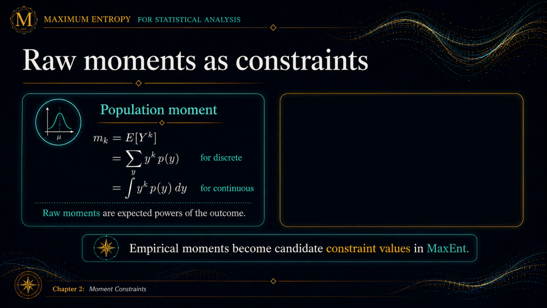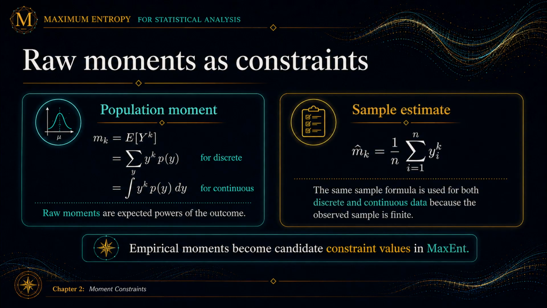Okay. But what we will often do is, in our constraint, we will set the theoretical moment equal to the sample moment from our sample data. Okay? And so we take the sample moment by basically raising every observation to the kth power and dividing by the number of data points. So we're taking the average. Okay?